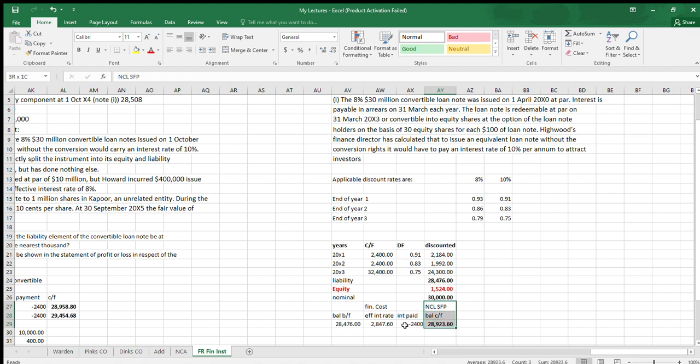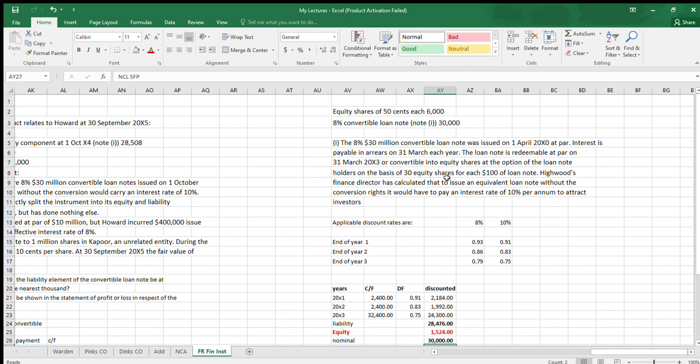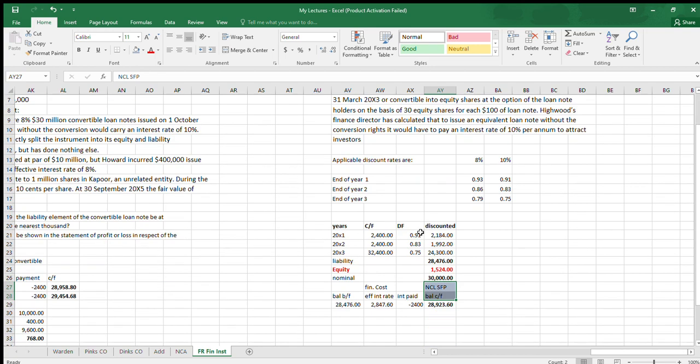Remember, this is your liability. So this will go into your statement of profit and loss and a non-current liability, because it's not a 1 year thing, it's more than a year. So it will go into your non-current liabilities, and this is your finance cost.